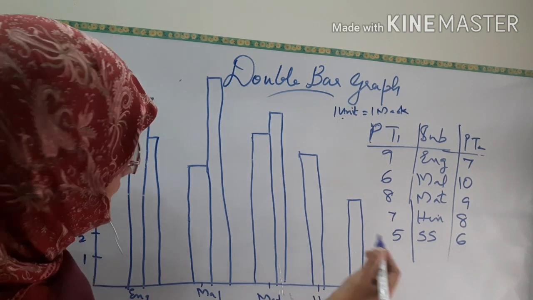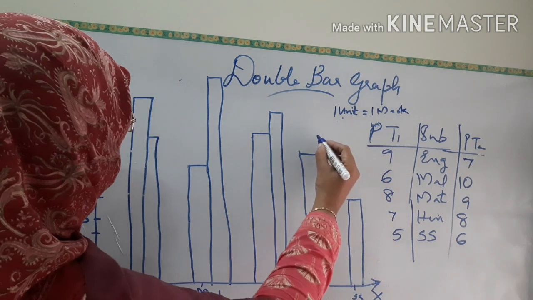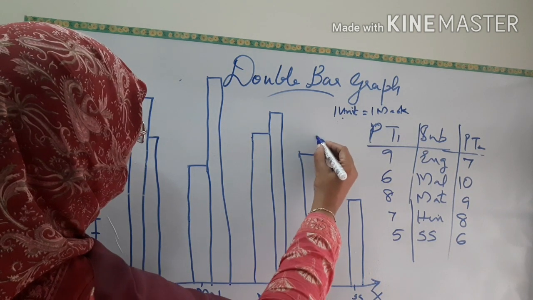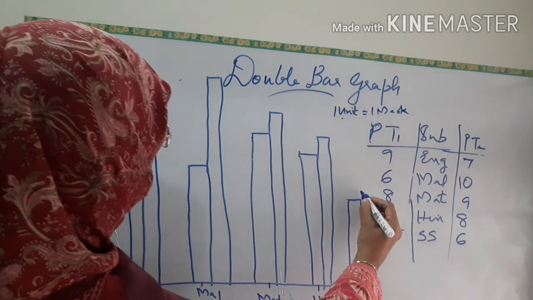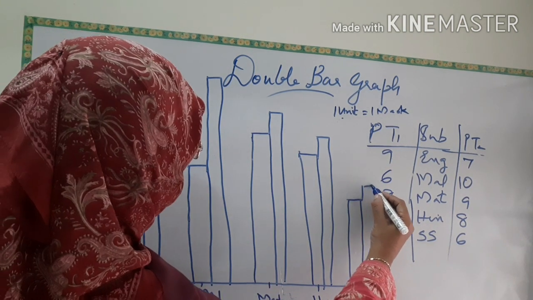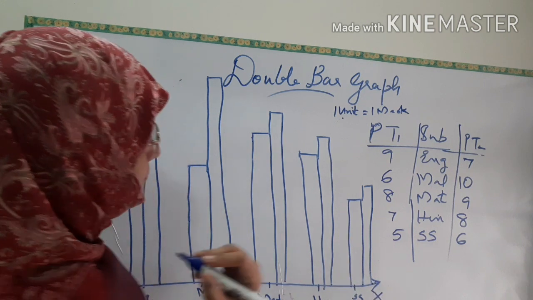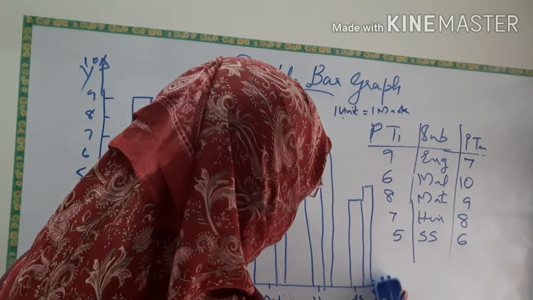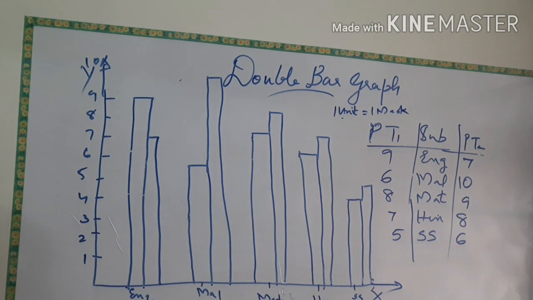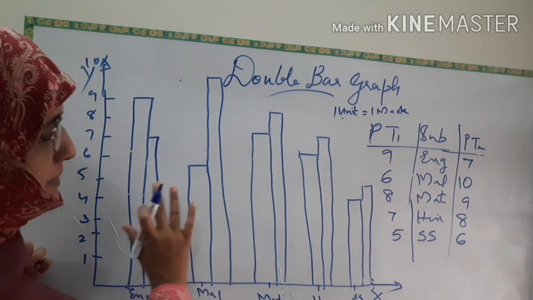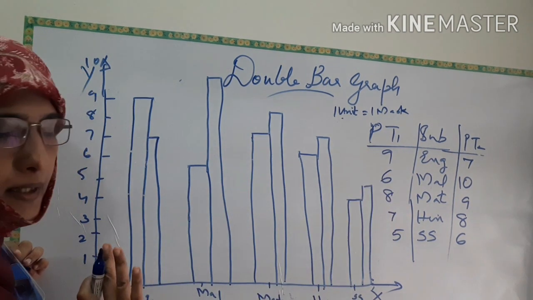Then Hindi 8 marks. SS 6 marks. So we have drawn the 2 bars for 2 marks.